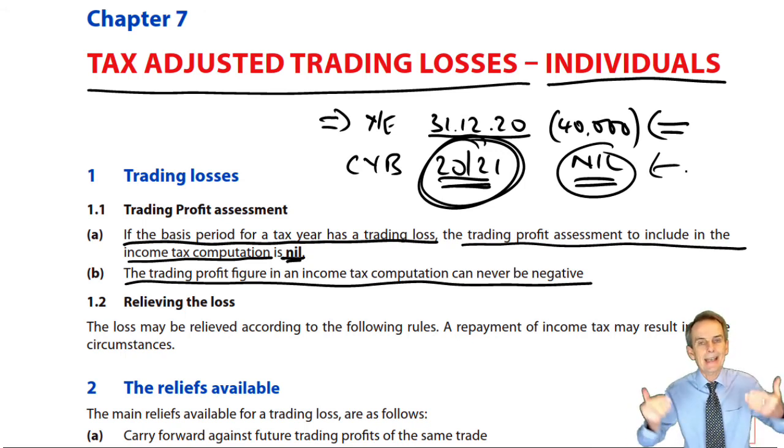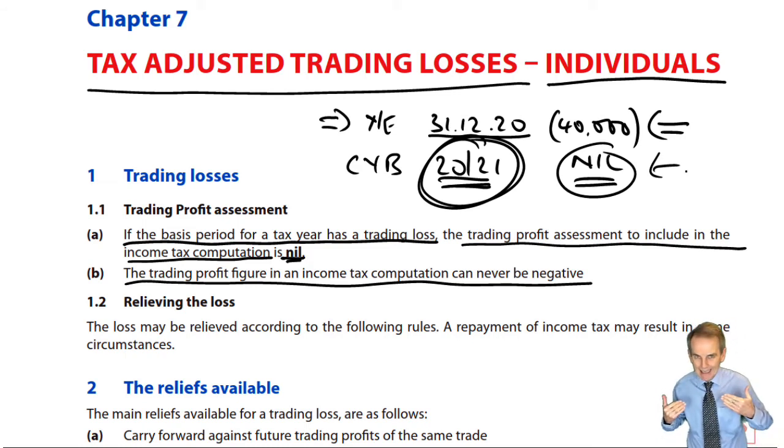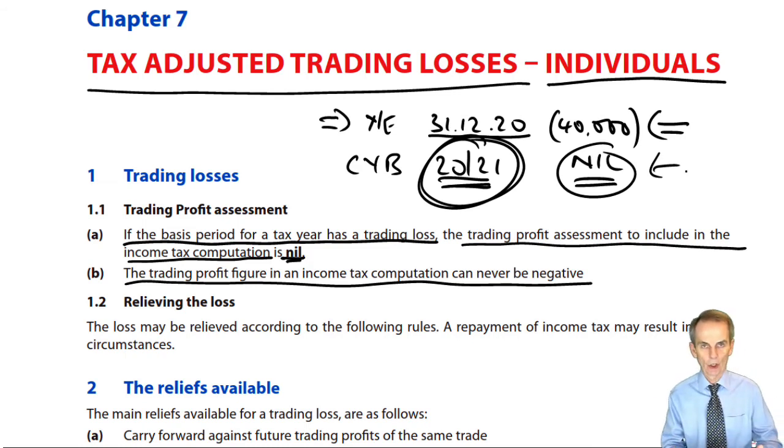We can either carry that loss back to an earlier tax year, which in most circumstances, as we'll see certainly in this lecture anyway, is the preceding tax year. And if we've done that, or we choose not to do that, if you've relieved in the current tax year and or in the preceding tax year, then there's only one other direction you can go, and that, of course, is forward.